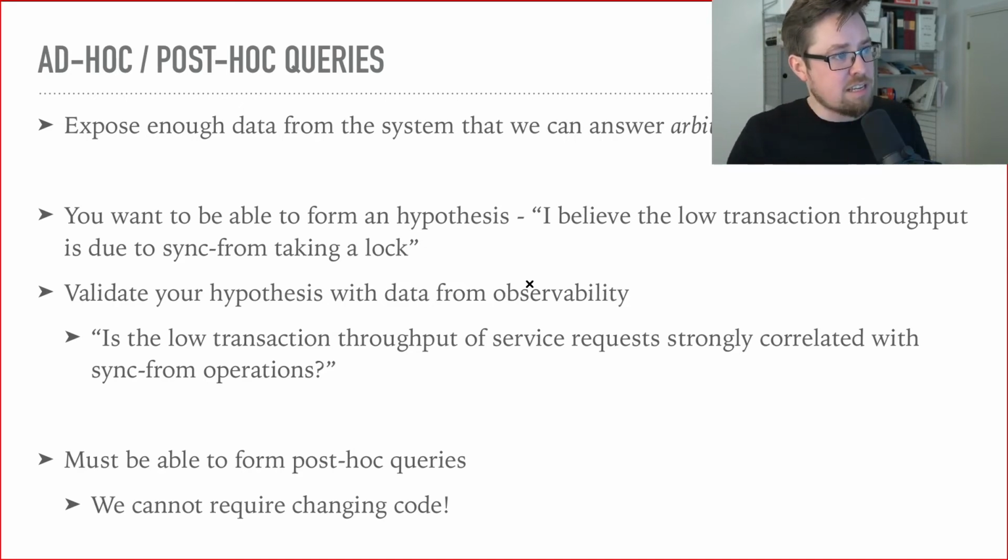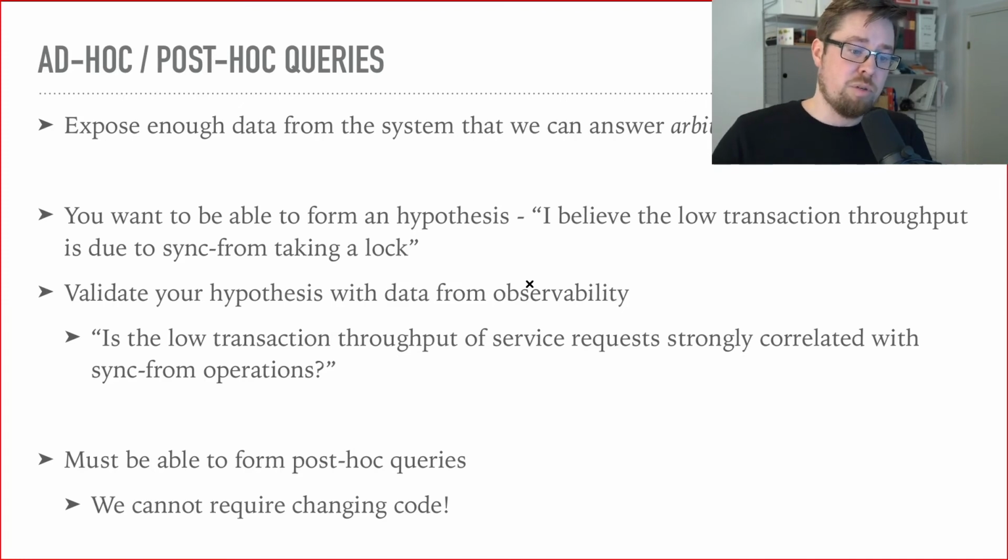So, in this case, I believe the low transaction throughput of my system is due to sync from taking a log. So that could be our hypothesis, and now we want to validate this with the data that we get from observability. So we want to essentially query it to answer this question: is the low transaction throughput of service request strongly correlated with sync from operations?